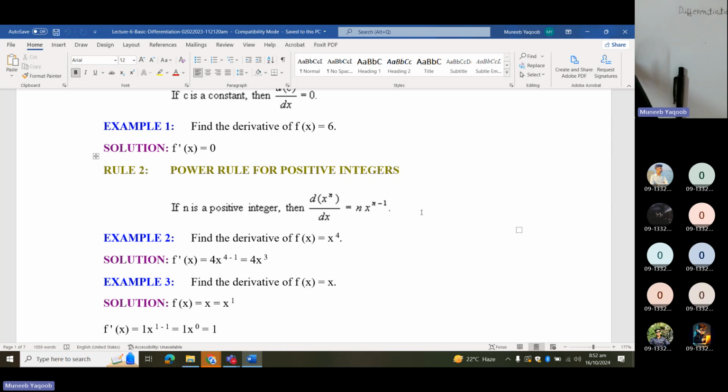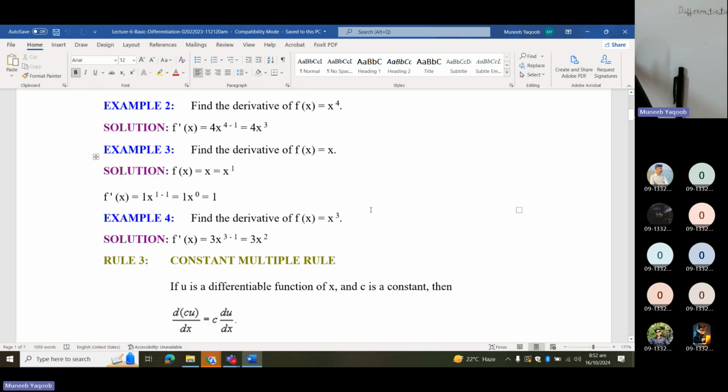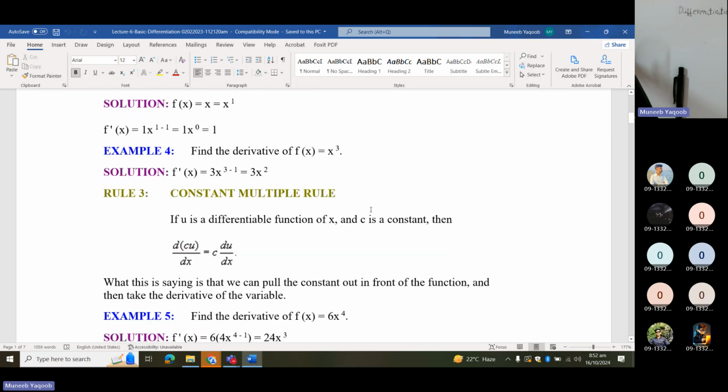Coming to the next example, in example number 4, we need to calculate the derivative of x power 3, that is x cubed. The derivative of x cubed is 3 times x power 3 minus 1, that is 3x squared. So that was all about the power rule.